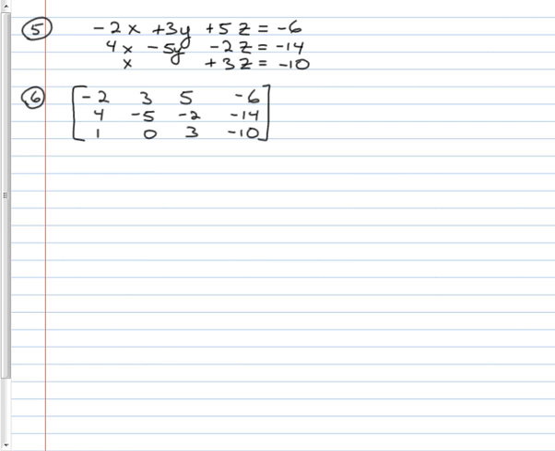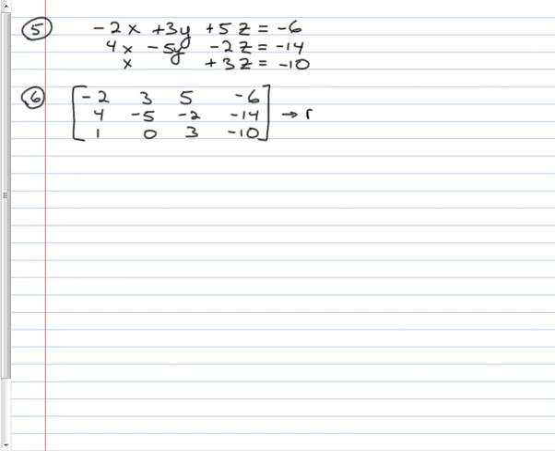Row echelon form. Remember what that meant? We've got that diagonal of coefficients of 1, everything to the left and below is 0, and then over to the top right we can be some other numbers. Okay? What would you do on step 1? You know what I would do?